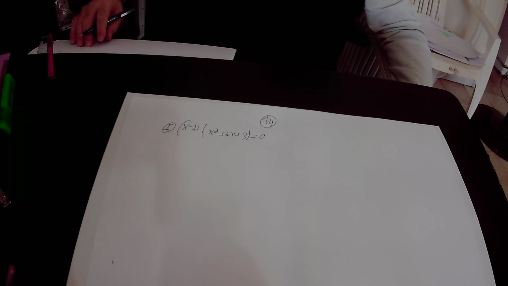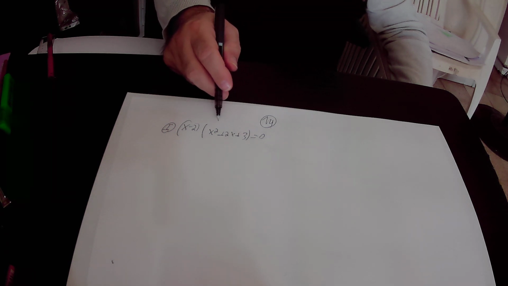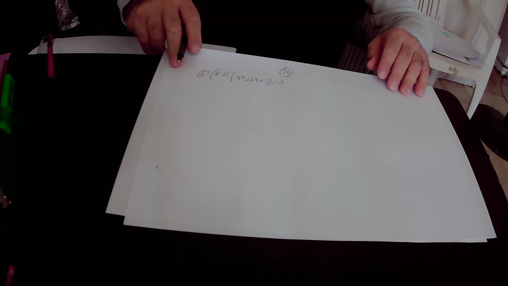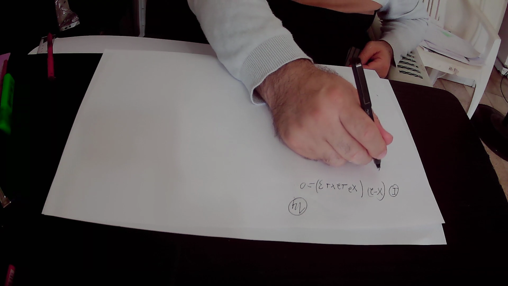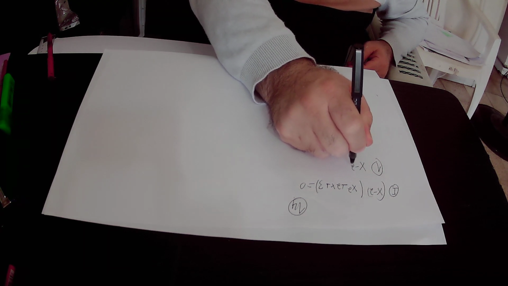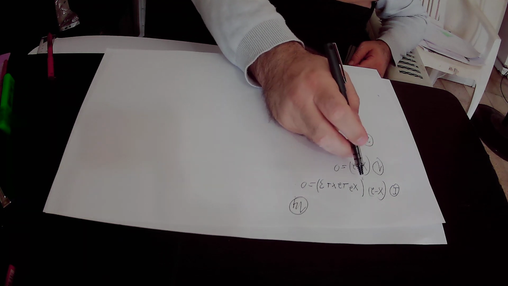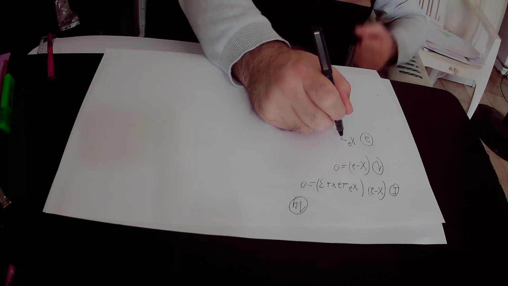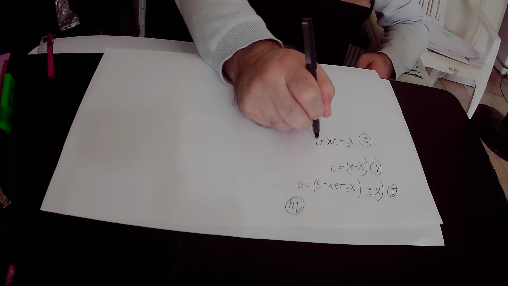The first solution is that x minus 2 equals 0, and the second is that x squared plus 2x plus 3 equals 0. So we write down those two solutions: x minus 2 equals 0, and x squared plus 2x plus 3 equals 0.